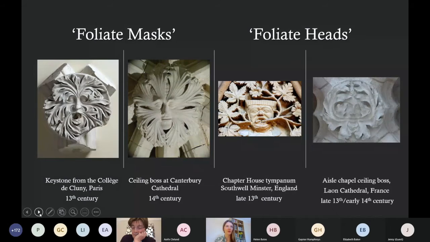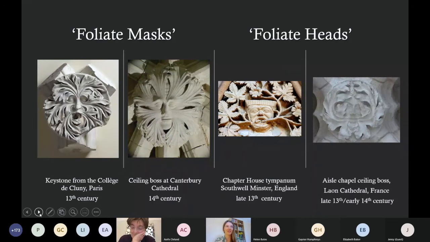The more inclusive umbrella term of foliate figures is used in lieu of green men, with relevance to all plant hybrid figures. That's heads, masks, composites, all genders and all species. It's important to note that there are, of course, exceptions and limitations to all methods of taxonomy, and this system is no exception.